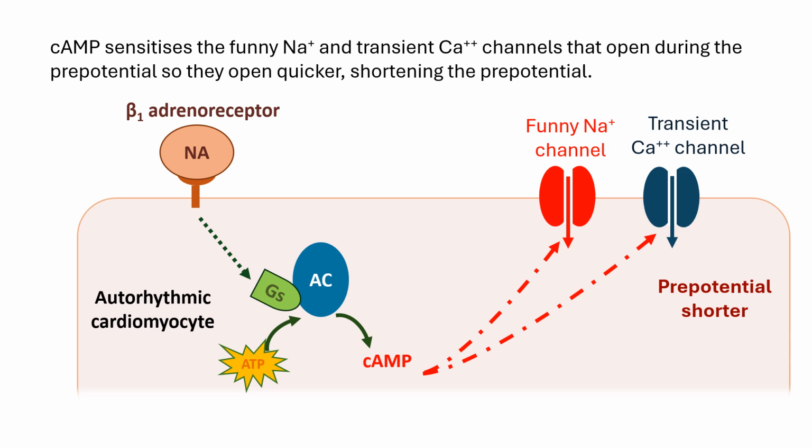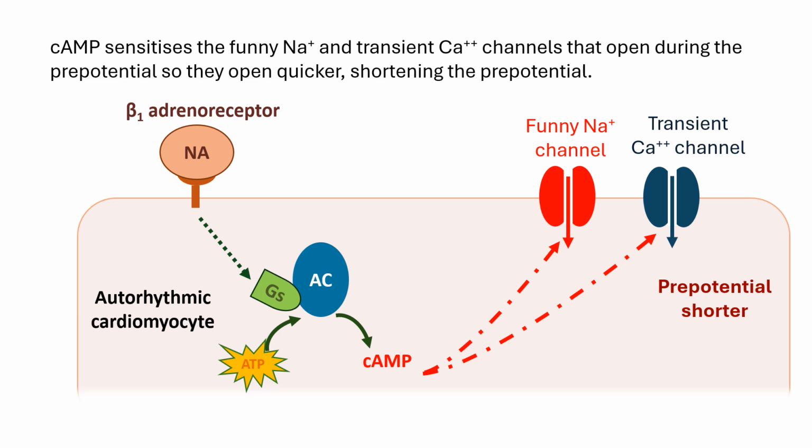Cyclic AMP then sensitizes our sodium channel and calcium channel, our funny channels that are involved in the pre-potential. If they sensitize them, it means that these channels open quicker.